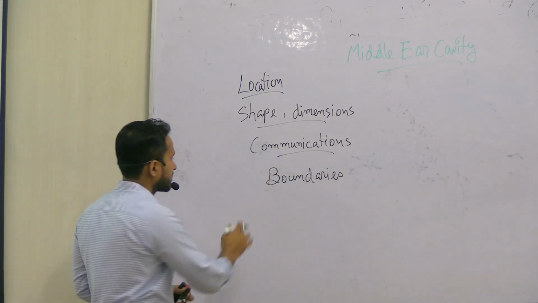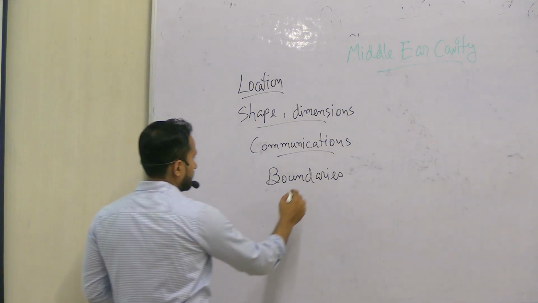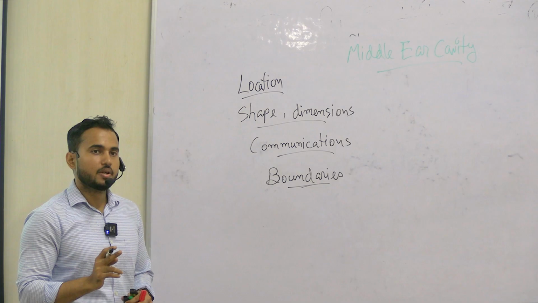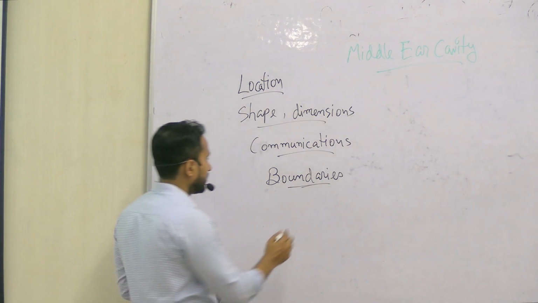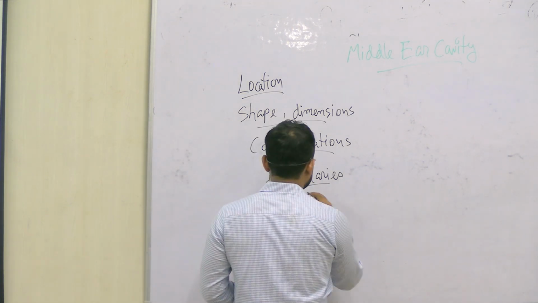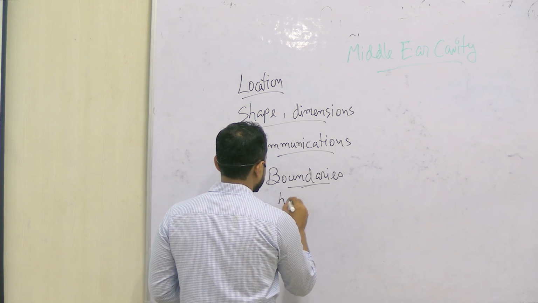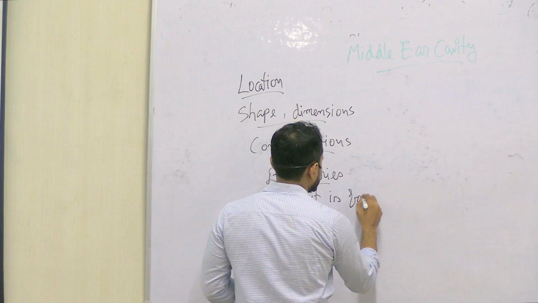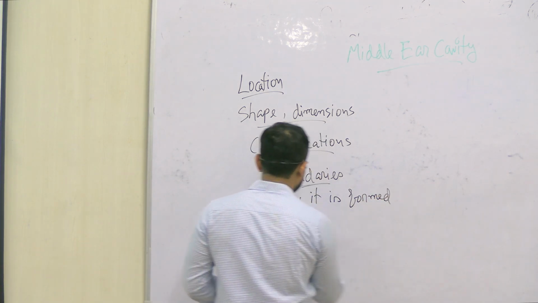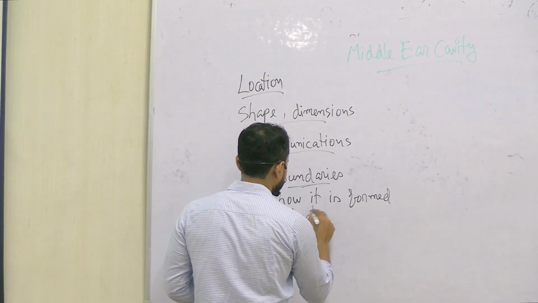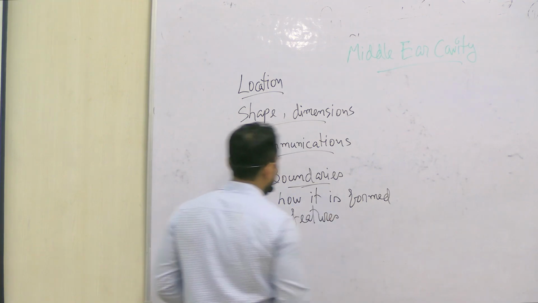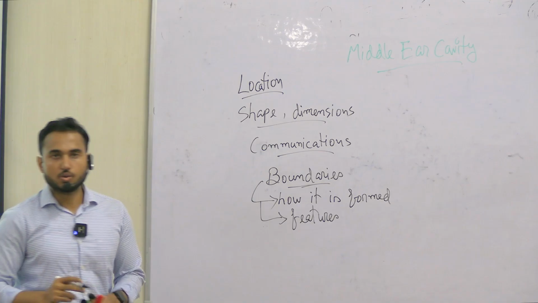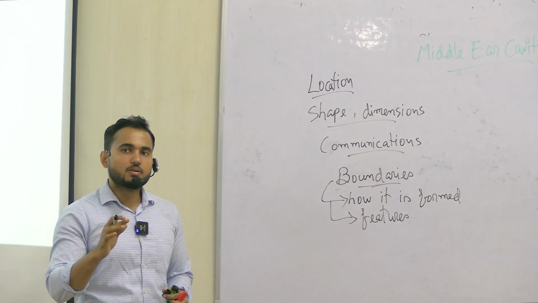Next, boundaries of the middle ear cavity. These boundaries are very important. In boundaries, you have to know two things: first of all, how it is formed, and second, its features.